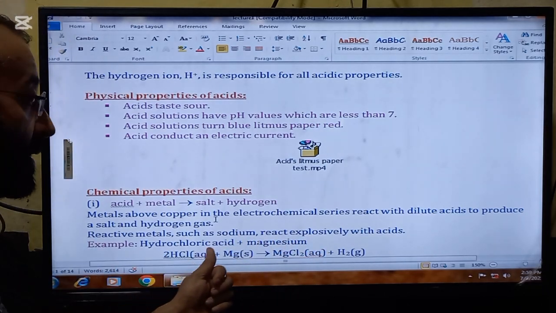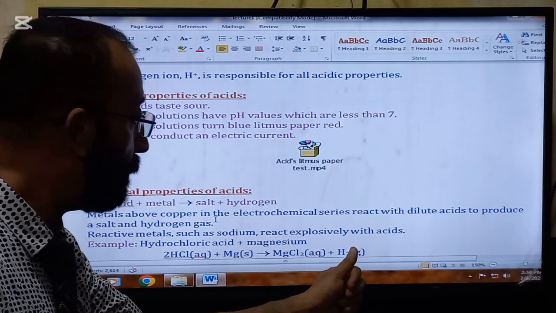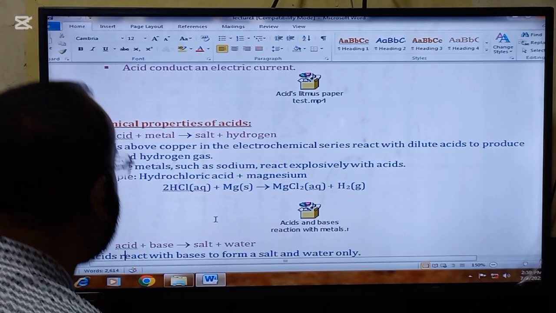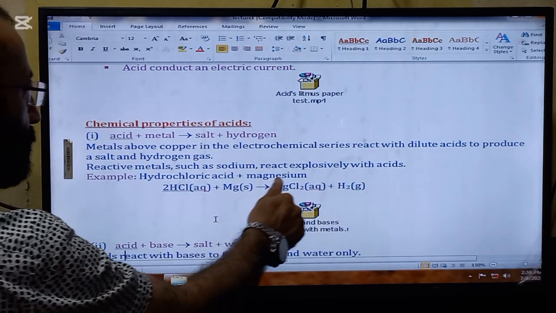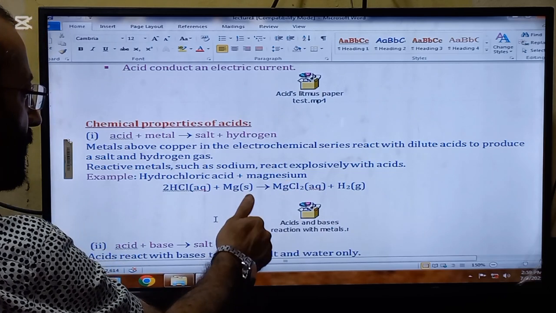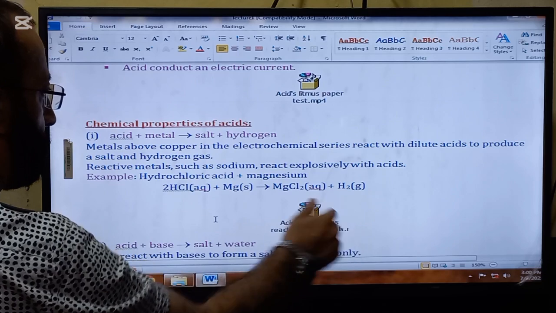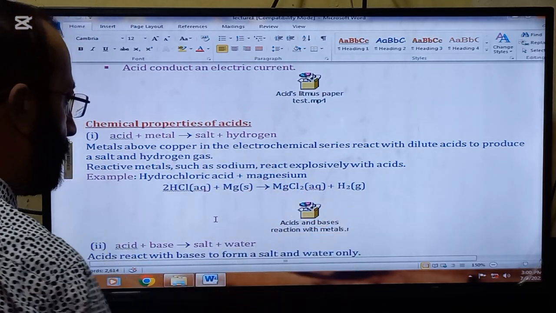Reactive metals such as sodium react explosively with acids. So here is our example that we are going to read, that is hydrochloric acid is going to react with magnesium, that is a metal, so it forms MgCl2 plus H2. So a salt and hydrogen gas are made.